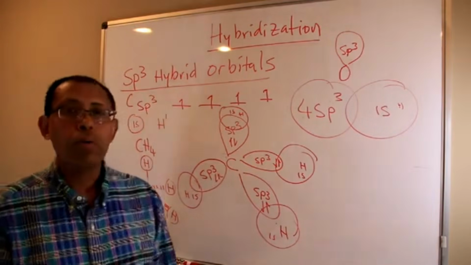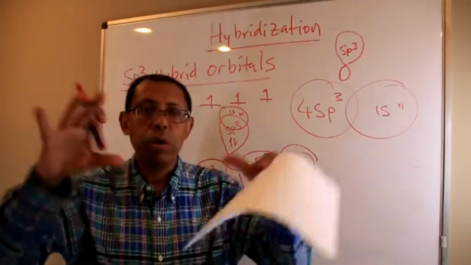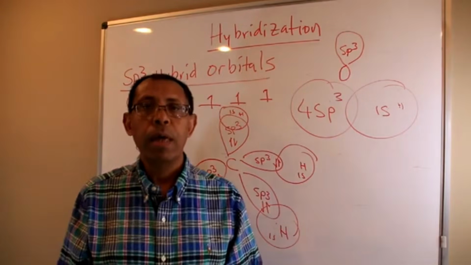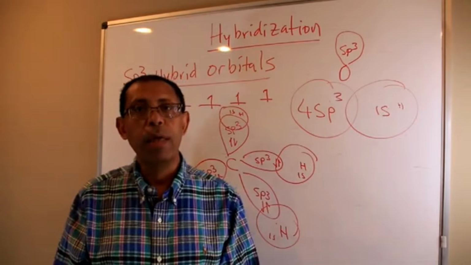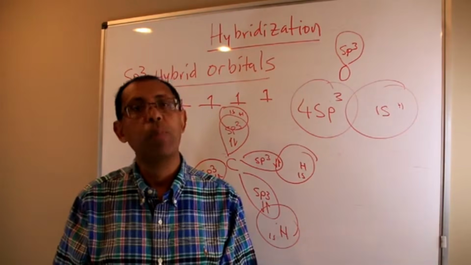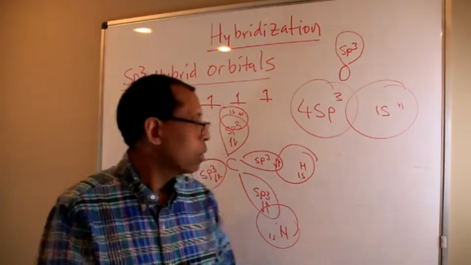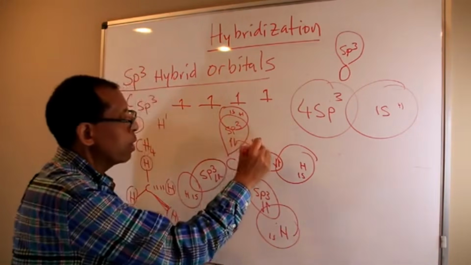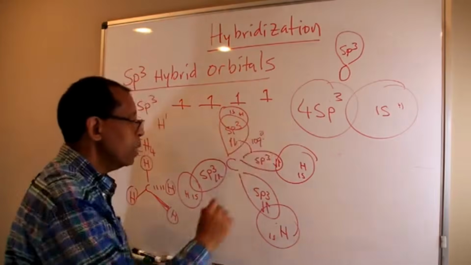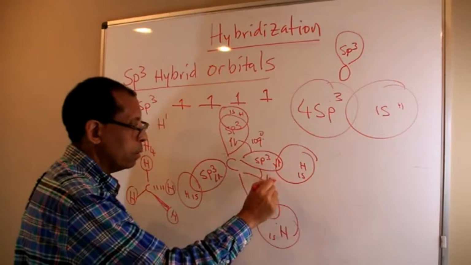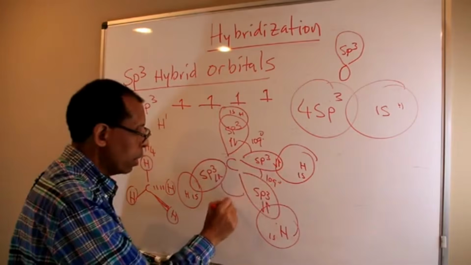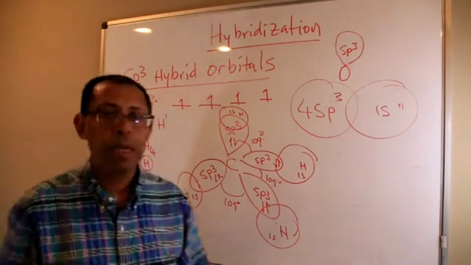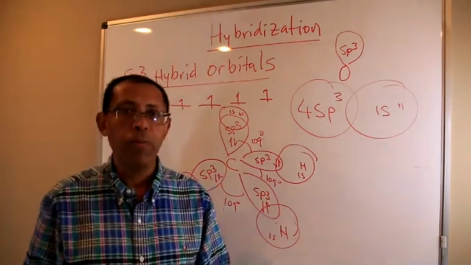And as I already told you, in order to minimize the repulsion between bond pairs, the tetrahedral geometry is the preferable one for sp3 hybrid orbitals, so that the angle between them is 109 degrees. 109 degrees, the angle. So that is how hybrid orbitals are making a CH4 molecule.